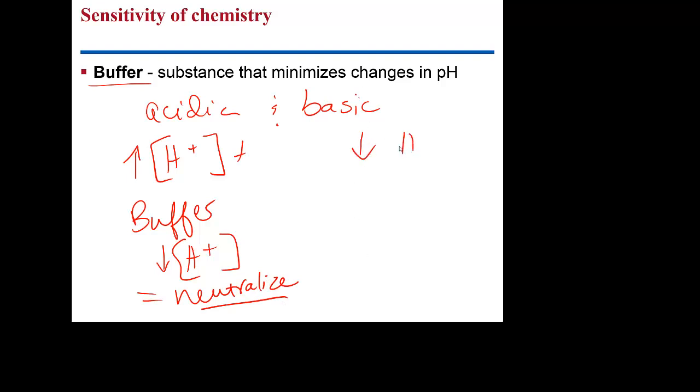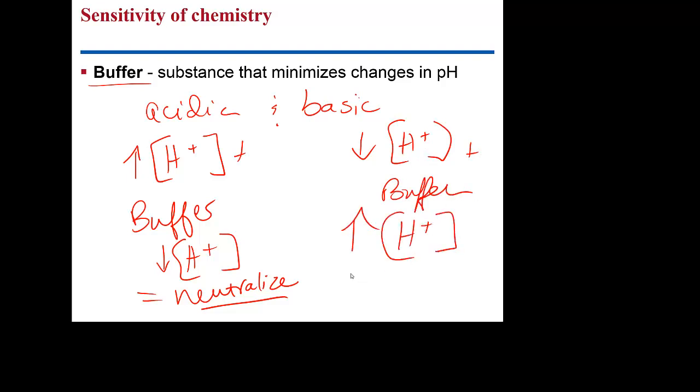Basic, the hydrogens are too low. So if we add a buffer to that, we're going to increase the hydrogen concentration and again neutralize that solution. Your body is doing this all day long.